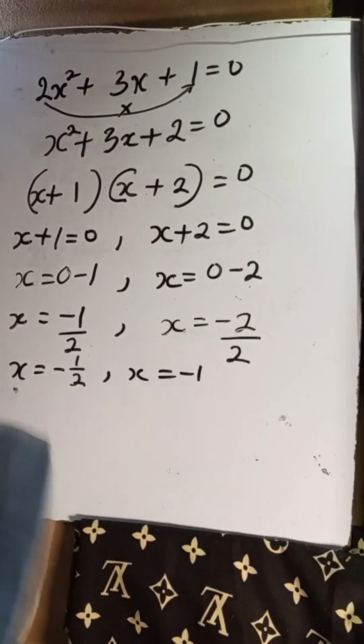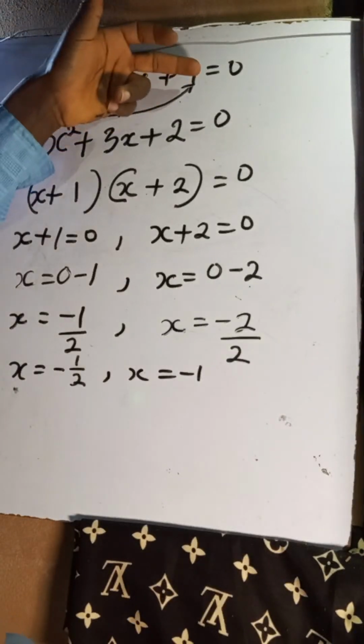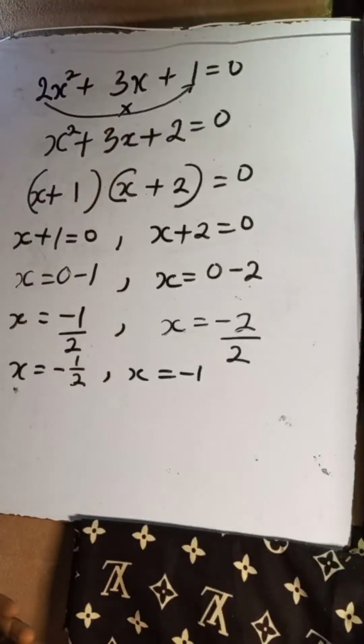These are the solutions to this particular question. So in case you get to the examination hall and you are confused, you don't know exactly what method to use, use this method. Just transfer this to this place and follow it this way. We were not taught in this manner when we were in secondary school, but you need it to pass your examinations. So this is the first stage of our class today.